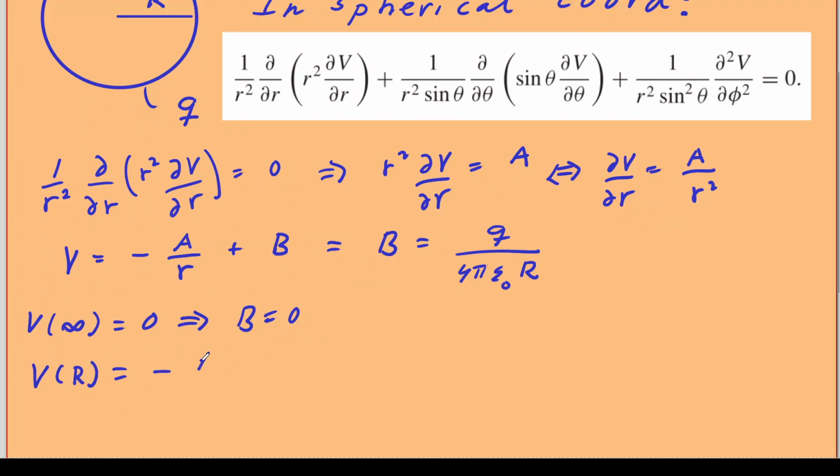So minus a over r equals what? It's what the potential is here in the neighborhood. And as we already know, it's a constant inside the shell, also very close to the boundary here, and it's the same from the other side. So it must be like this.